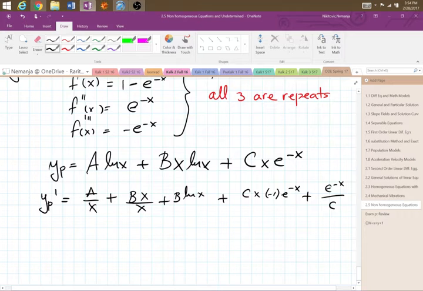Dx over here, copy the first, which is cx. Derivative of this is negative in the chain rule, so that plus e to the minus x. Why do I have divided by c? The product rule, copy the first.